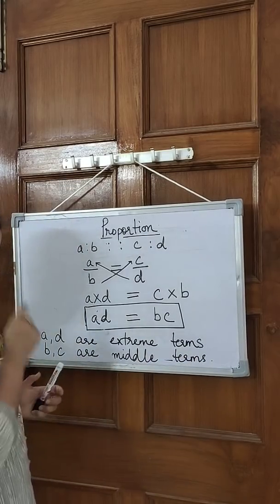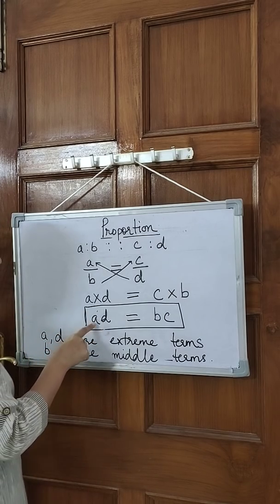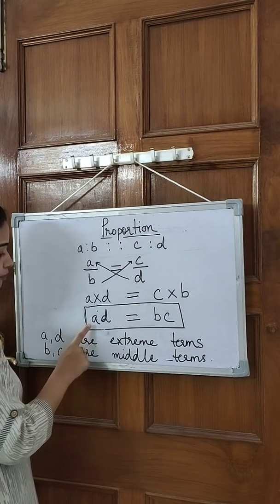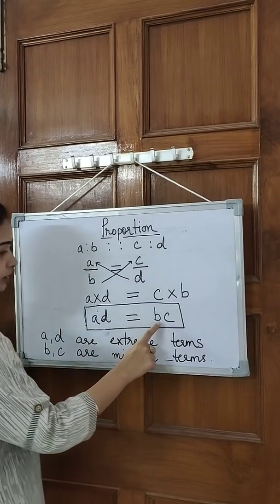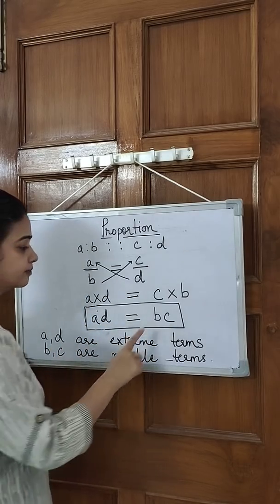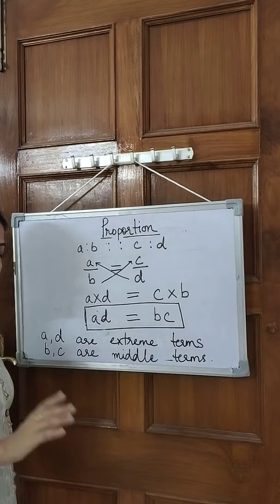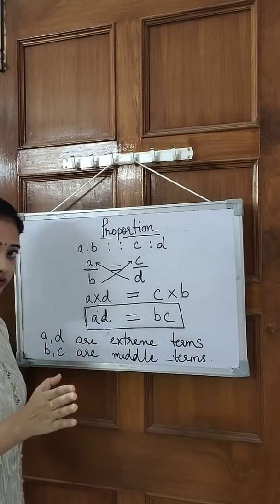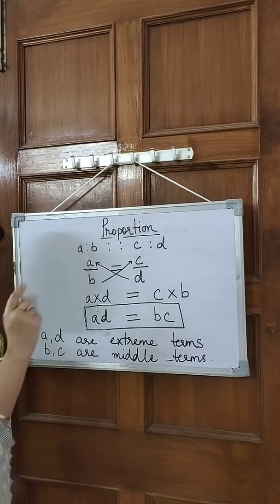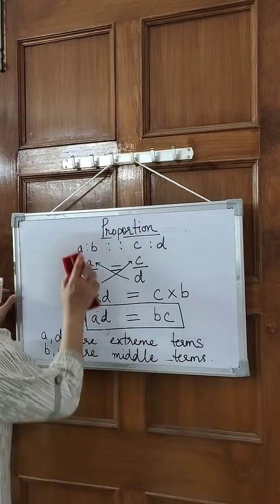So if I find out the product of these extreme terms and if I find out the product of the middle terms and if my answer is same, I can say that the values that I have are in proportion. Now there is one more way to write this.